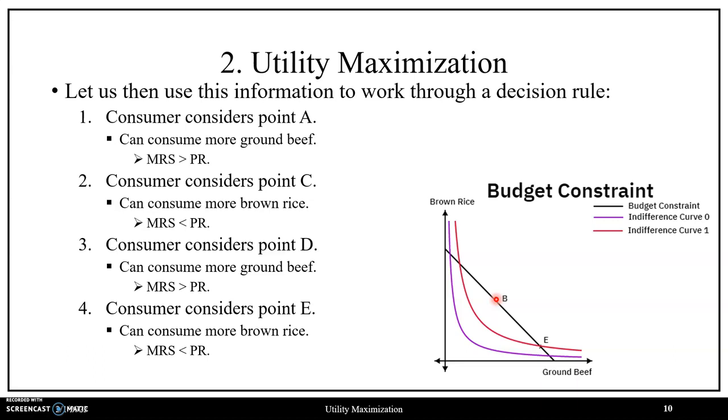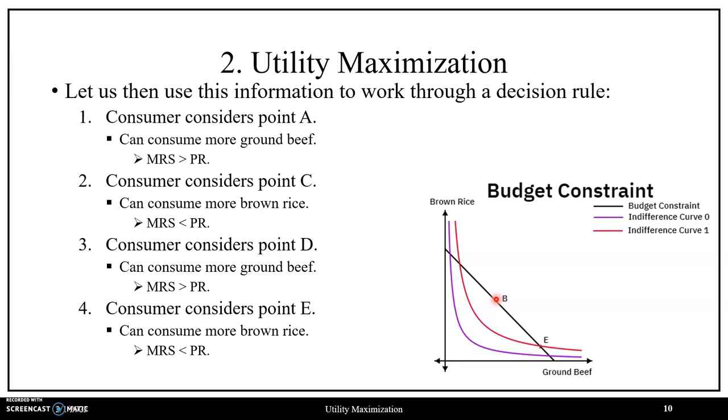Therefore, the consumer has incentive to consume further quantities of brown rice. Since income is finite and they're using all of their income, additional quantities of brown rice mean fewer quantities of ground beef. So this is going to generate that leftward movement along our budget constraint.